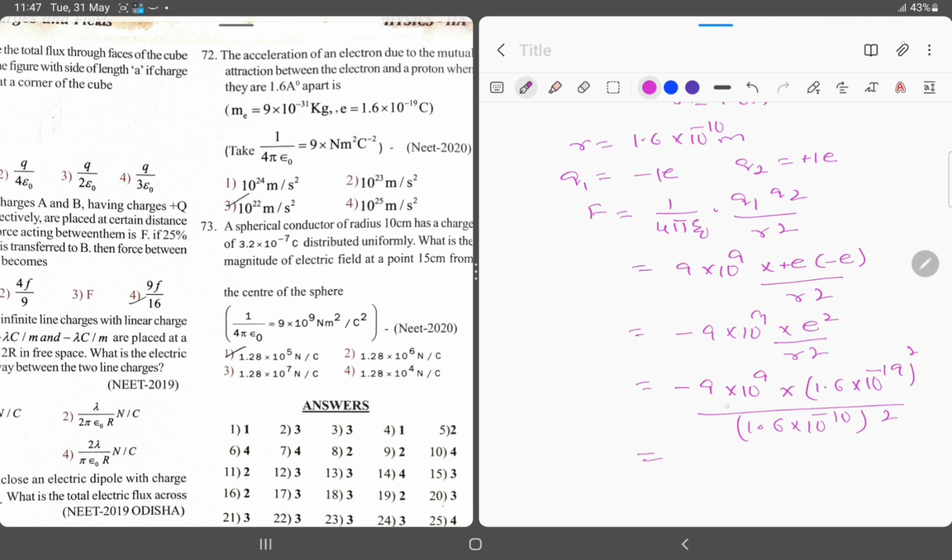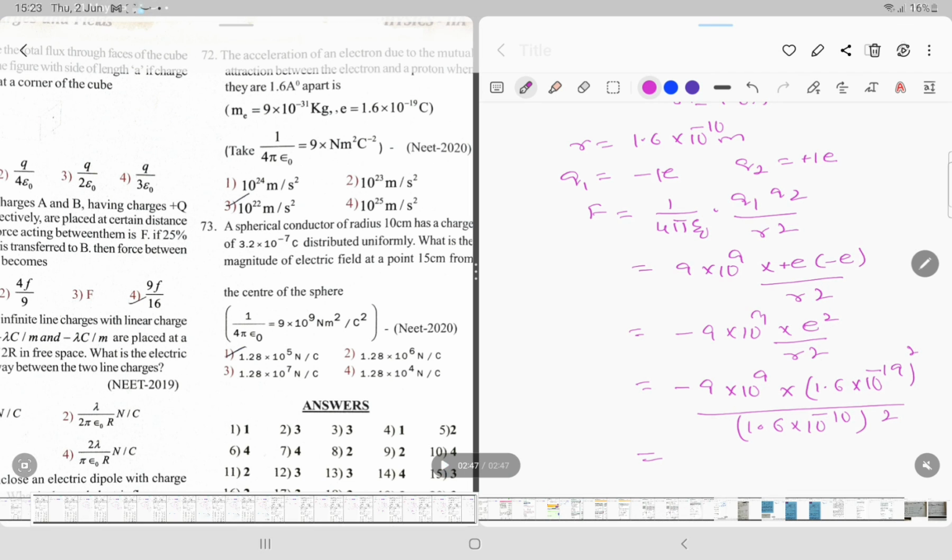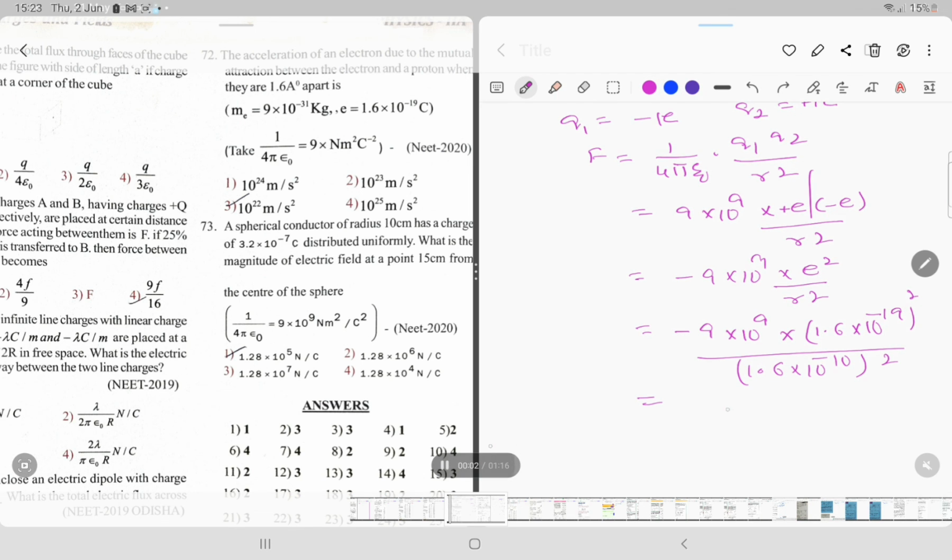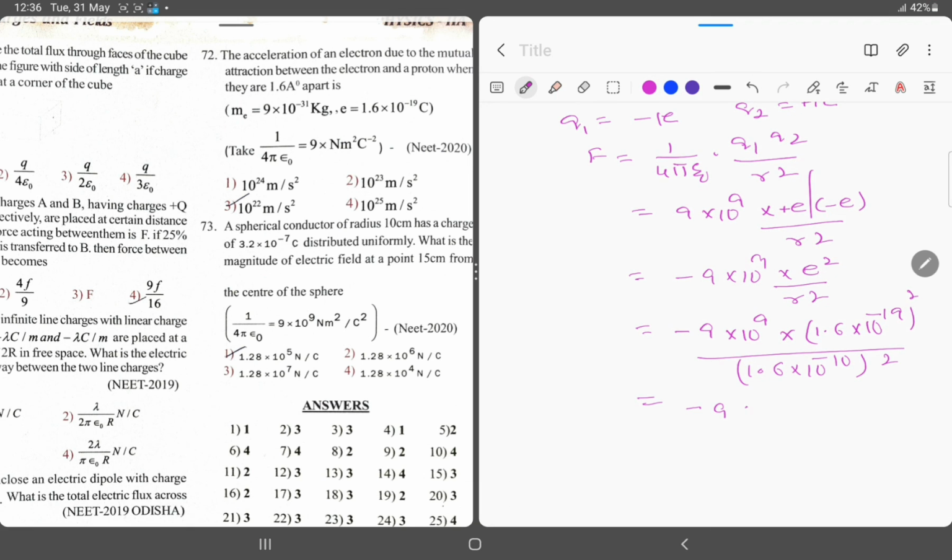Then after that, minus 9 into 10 to the power of 9 into 1.6 whole square into 10 to the power of minus 38 divided by 1.6 whole square into 10 to the power of minus 20.